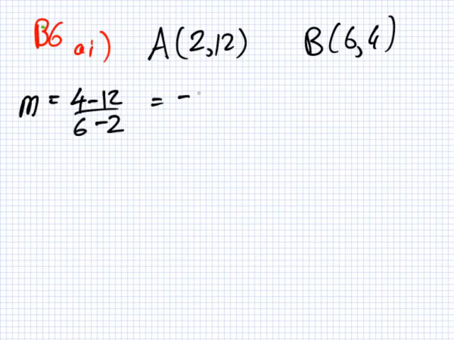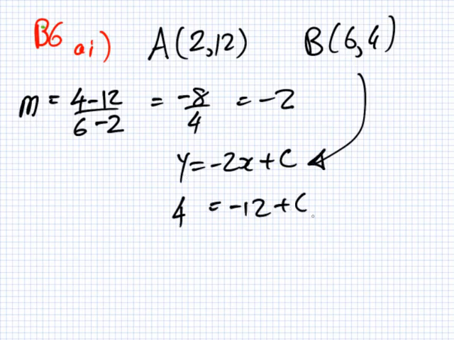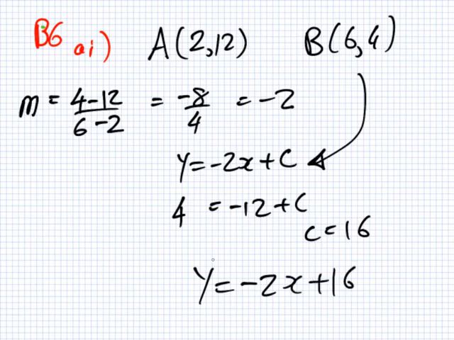So that's minus 8 over 4, so that's minus 2. y equals mx plus c. I'll put in this point: 4 equals minus 12 plus c. c equals 16. So y equals minus 2x plus 16.